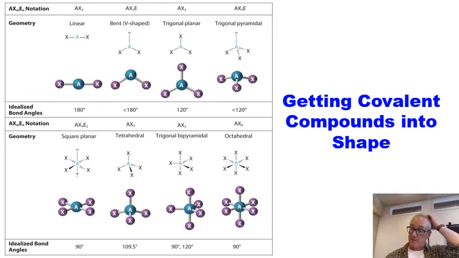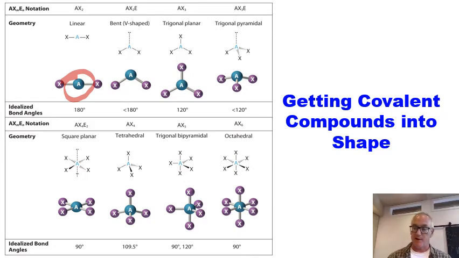So here's what some of those actually look like. And these are weird sounding names. You may have heard of some of them. You may not have heard of some others. Let's look at the first one here. So in this instance, our central atom, we always just refer to it by A. It doesn't really matter what it is. We just need to know which one is the central atom and then how are things arranged around it.